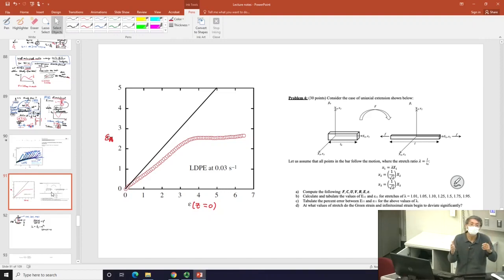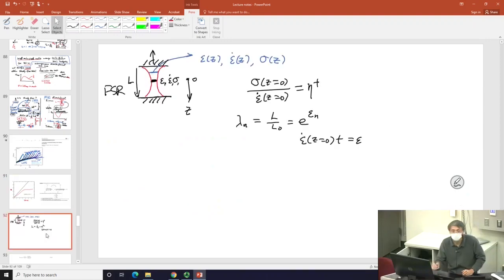Okay? Conversely, the strain away from the middle is lower, right? Because you just have an average that gives you the nominal strain.